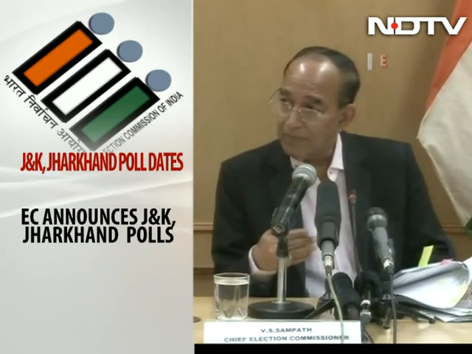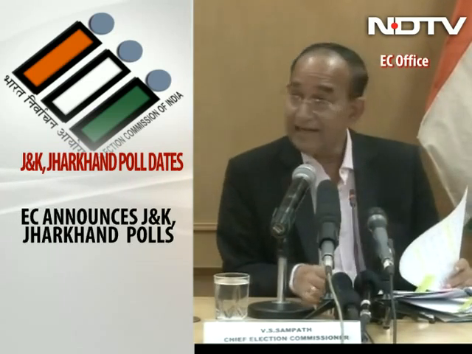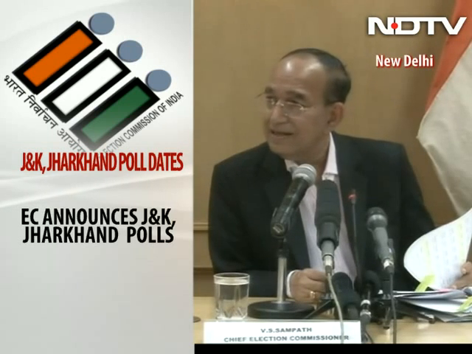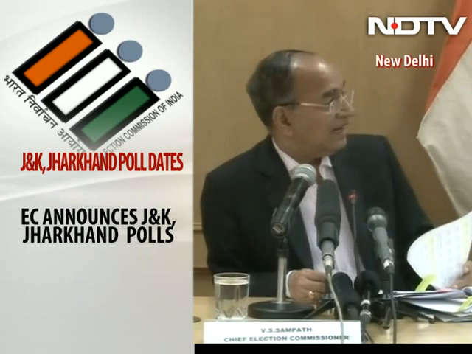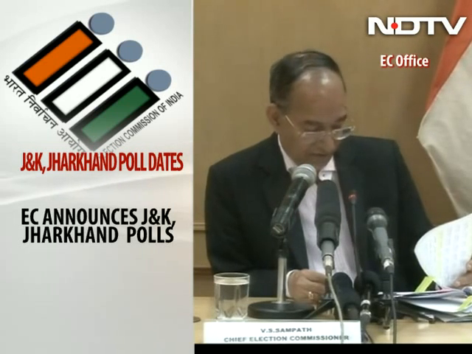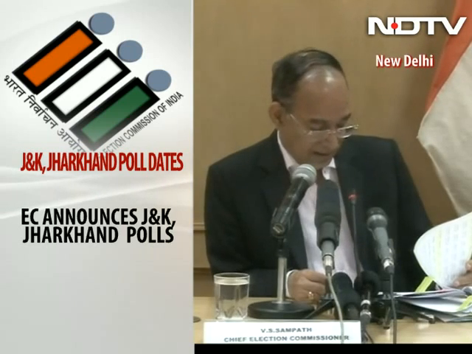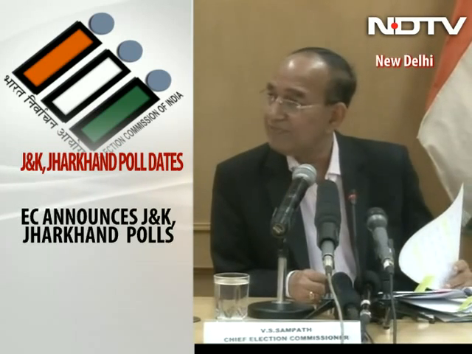While we are going to mention details of the schedule to you, I would like to mention, apart from these two states, there are 3 assembly constituencies in Delhi where elections are due. They are number 45 Mehrauli, 52 Tughlakabad and 60 Krishna Nagar.